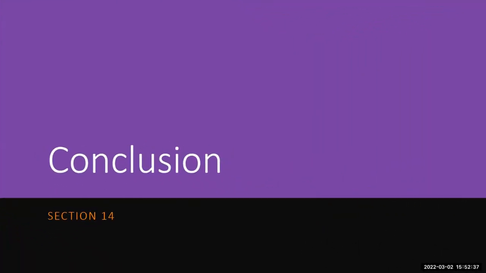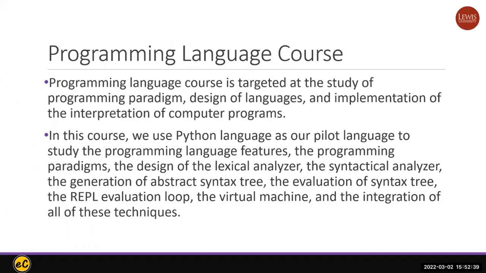Section 14, conclusion. Programming language course. We have finished a very interesting course. This programming language course is targeted at the study of the programming paradigm, the design of the language, and the implementation of computer programs such as interpreter or compiler design.